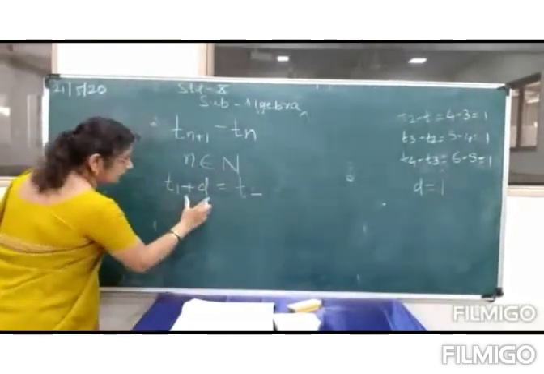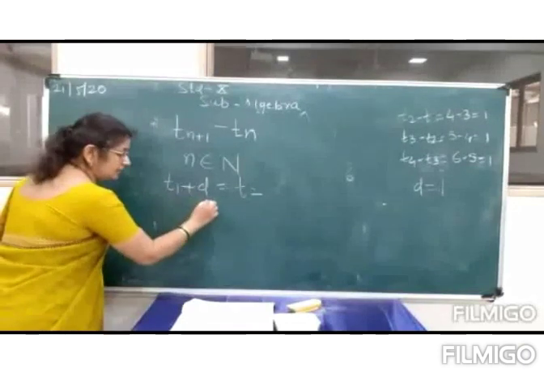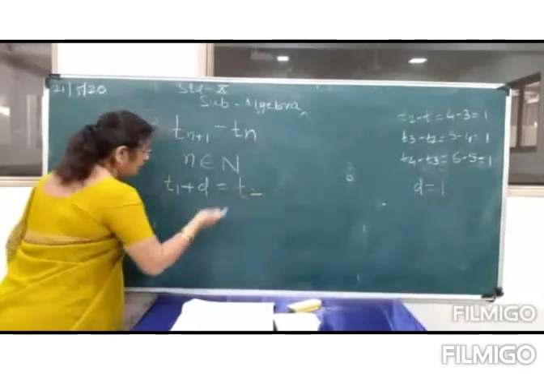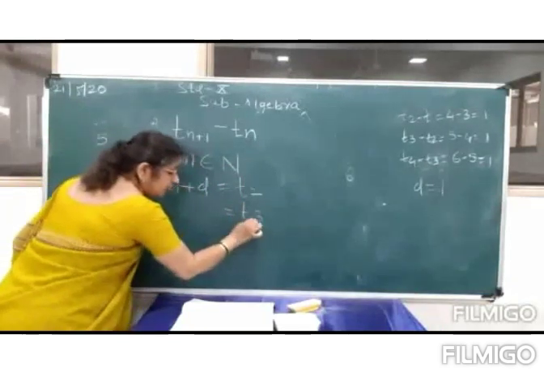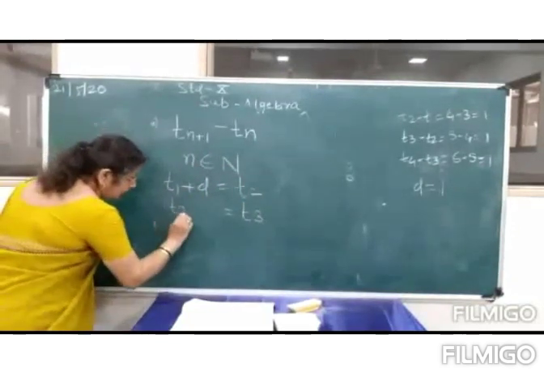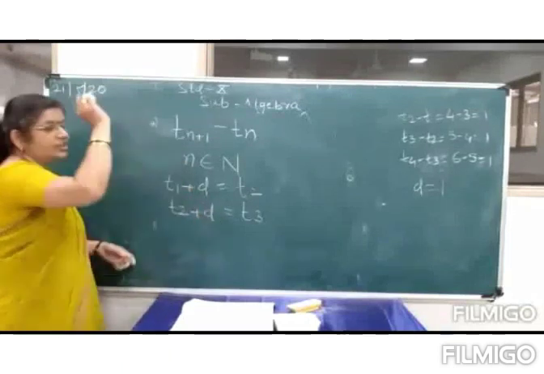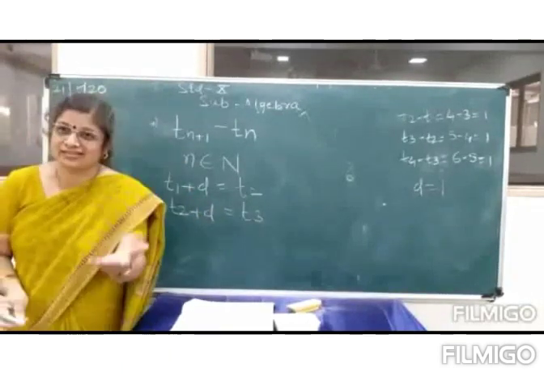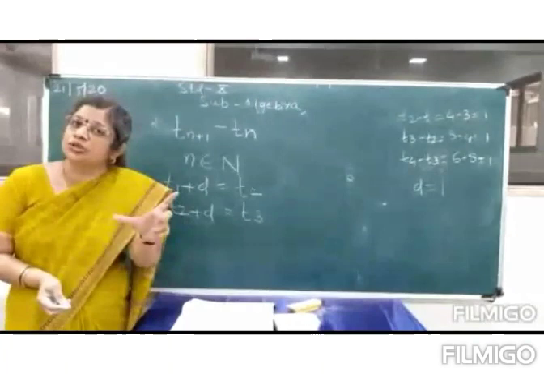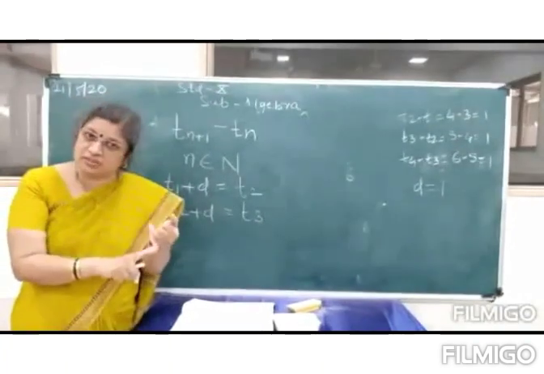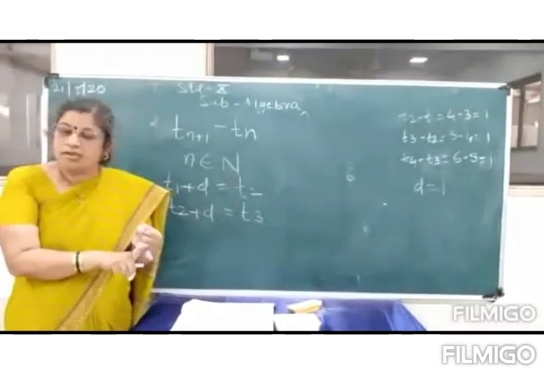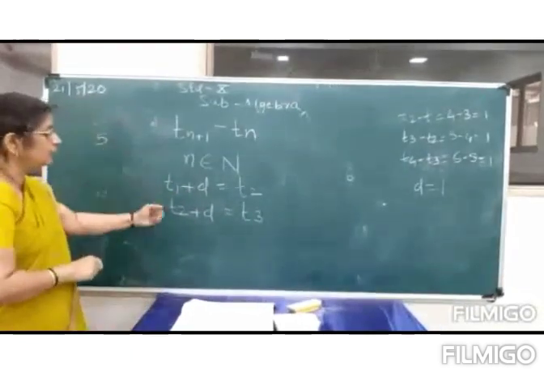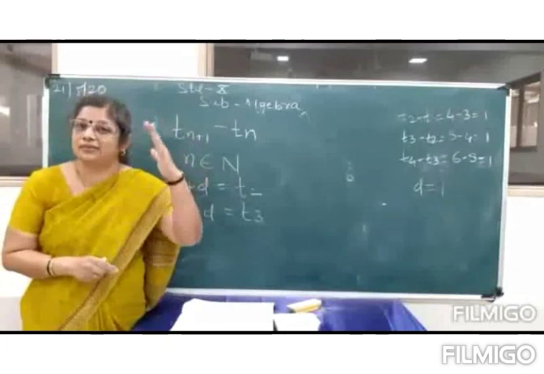That is what is here: T1 plus D is equal to T2. Like that, if you want to find out the T3 term, what you will do? To the T2 term, if you add the common difference, you will get the next term. That means what you should know? You should know the first term of the sequence and the common difference. If you know that, you can find out the next term.